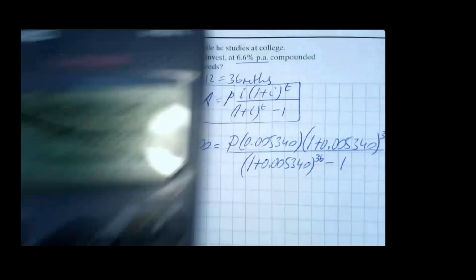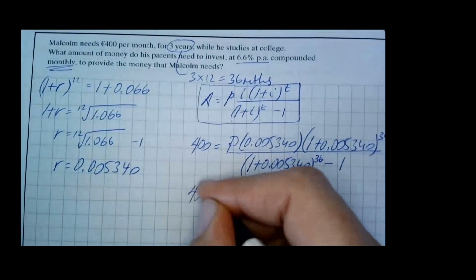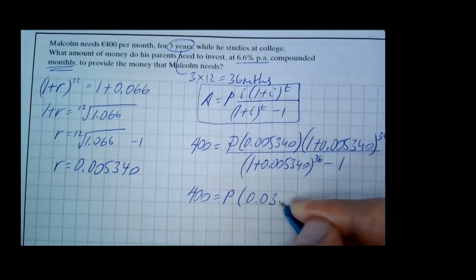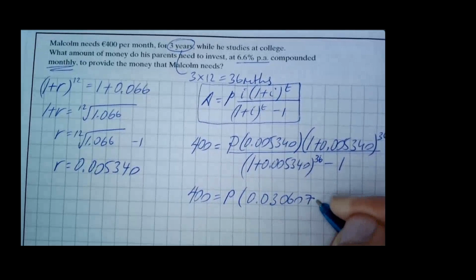I'm getting this. Again, don't round. You have plenty of decimal places when you write this down for accuracy.